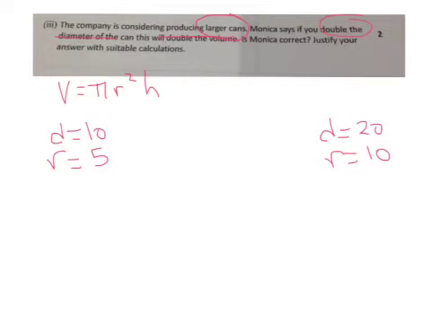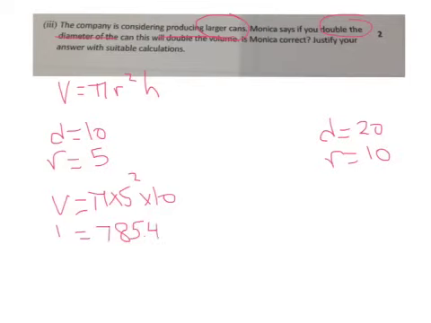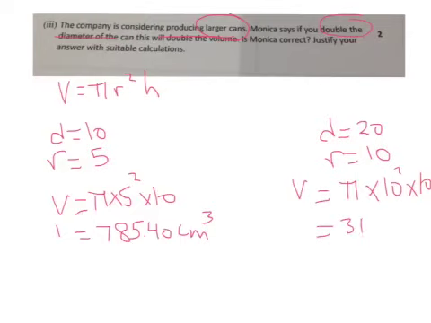So they need to find the volume in both cases. The volume for the first one would be pi times 5 squared times 10, and that will give you 785.40 cubic centimeters. For the second one, you would have pi times 10 squared times 10, and that will end up with 3,141.59 cubic centimeters.